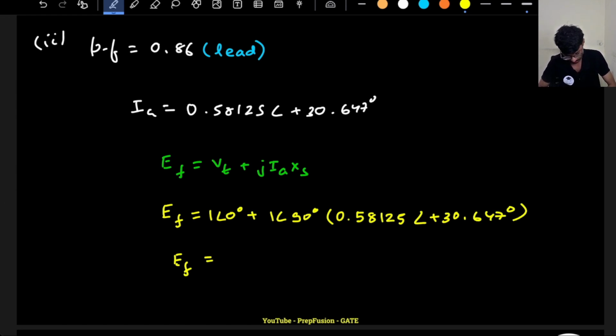So this will be 120.647 into 0.58125. This will be negative, and plus 1.